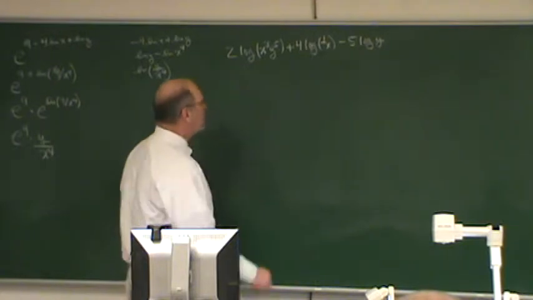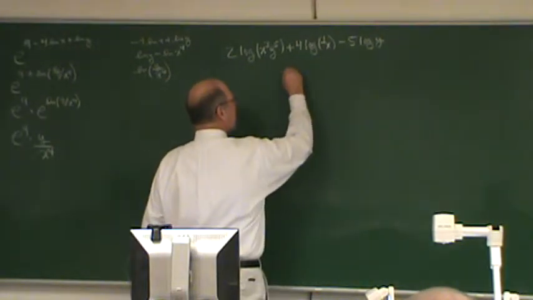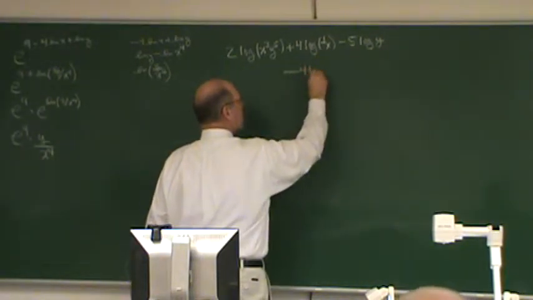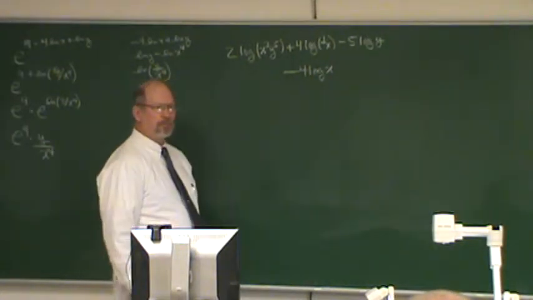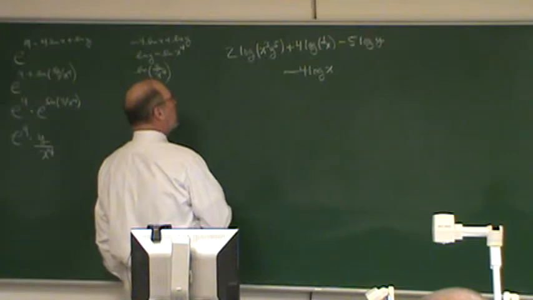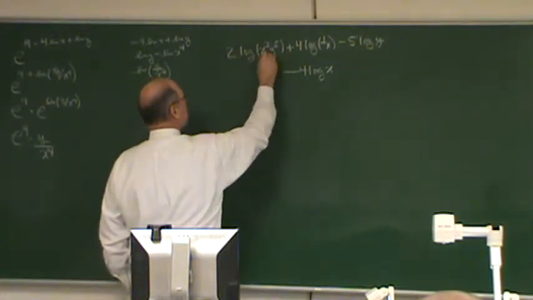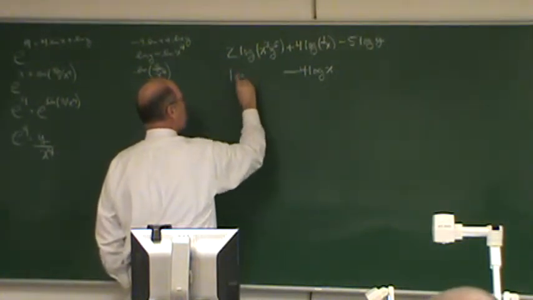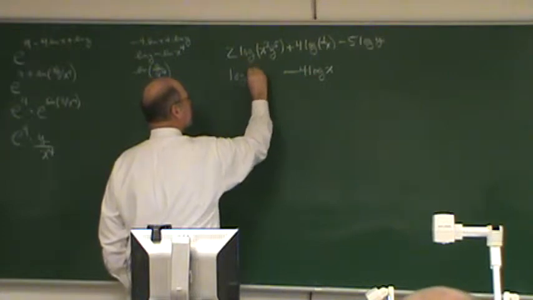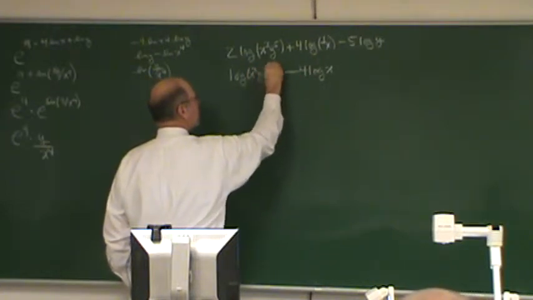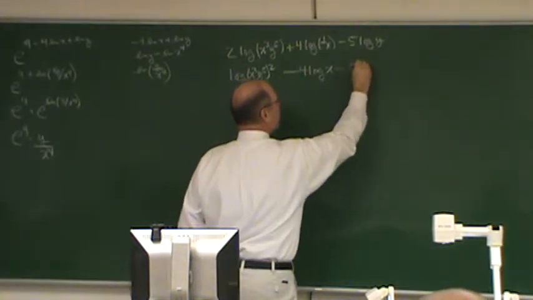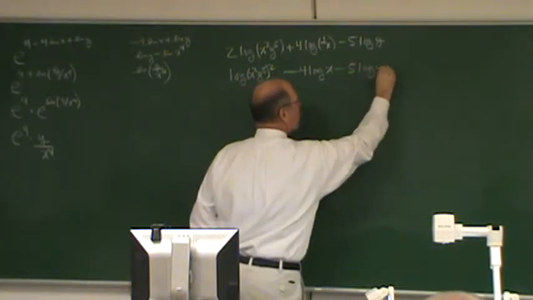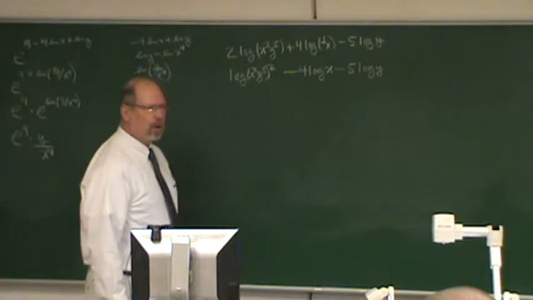And so we can think of this as minus 4 times the log of x. Okay? And if I bring this 2 up here, that's going to give me the log of x cubed y to the 5th, squared, minus 5 logs of y. Okay?